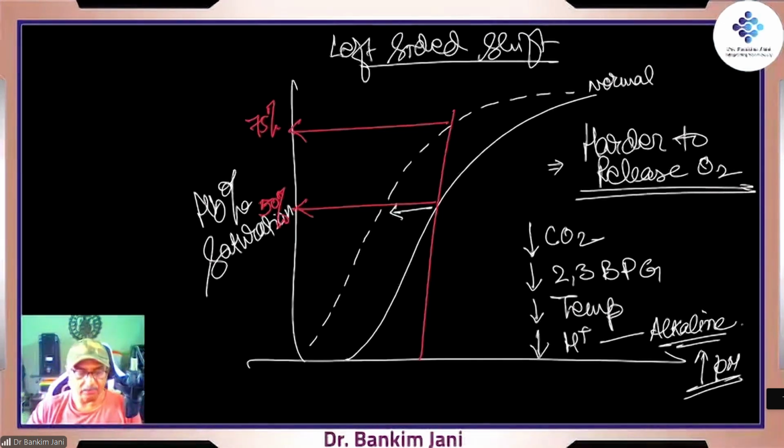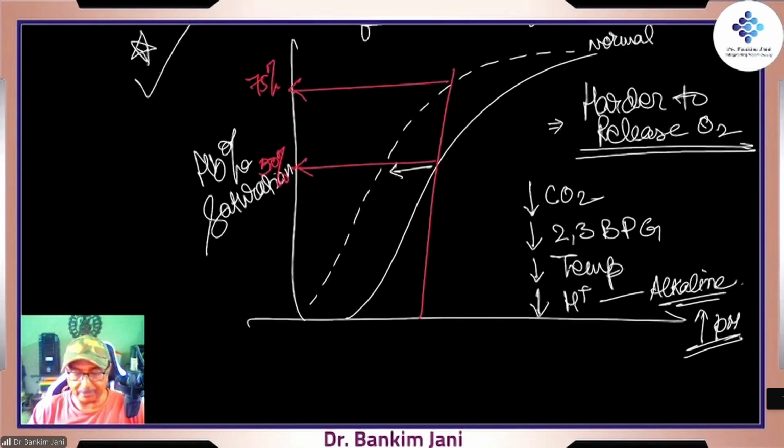So this is one of the very important concepts. The left-hand shift can be true. You're right. For hemoglobin F, fetal hemoglobin, we can say that it has a left-sided shift. Absolutely, because it has tremendous affinity for oxygen.